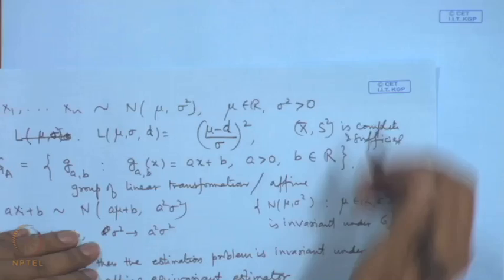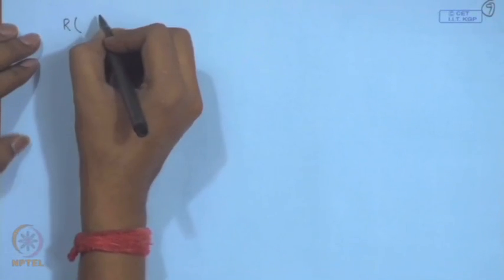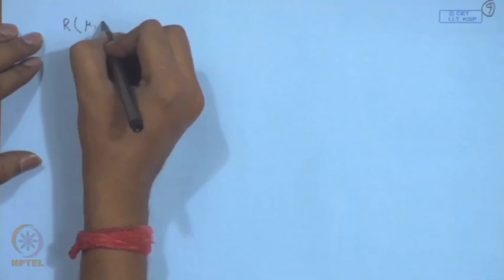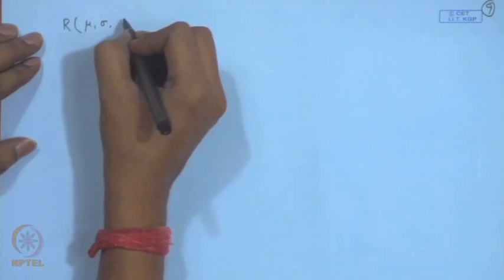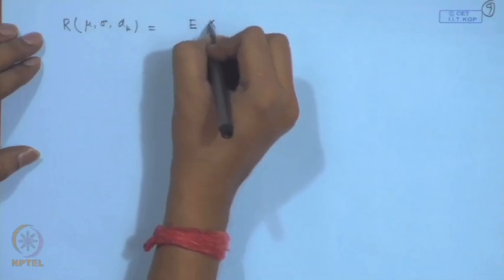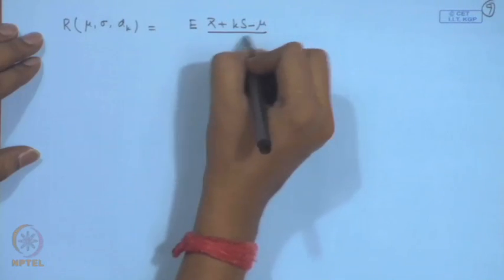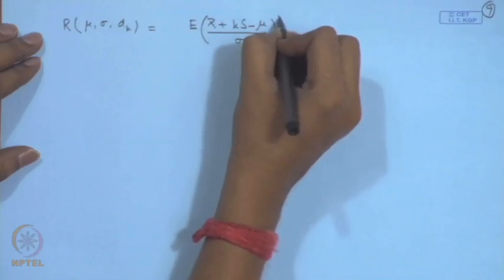Let us look at the risk function here. Let us consider the risk function of d k. That is equal to expectation of x bar plus k s minus mu by sigma, whole square.